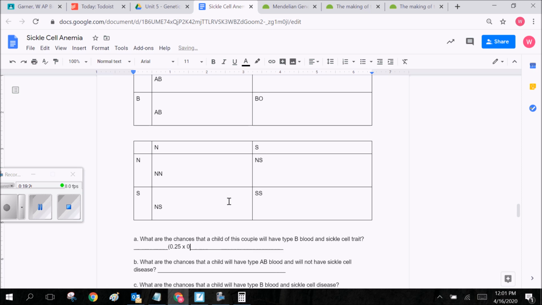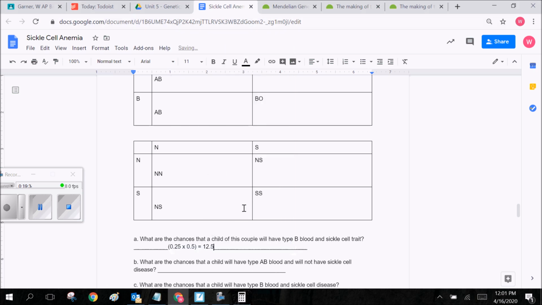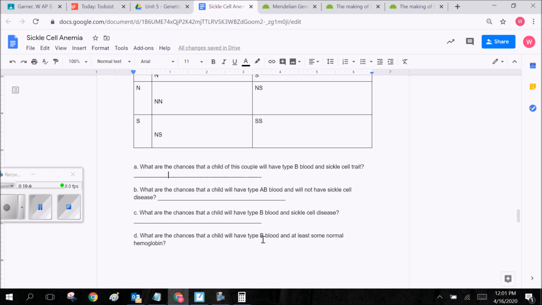And that will give us 0.25 times 0.5 equals, times 100 to make it a percent, 12.5% chance that they'll have a child with B blood and the sickle cell trait. So hopefully you can figure out how to do the rest of those calculations on your own.